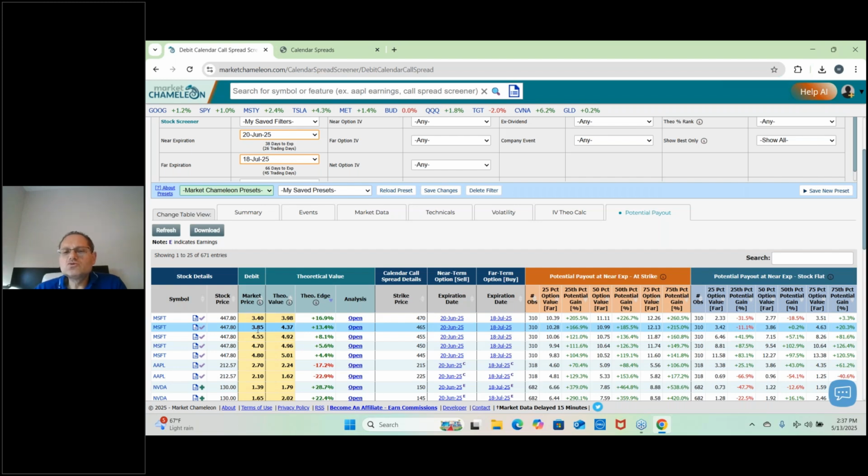So to draw a couple scenarios, we look at this. If the stock price is at the strike, like our best case scenario, where the stock just floats to where the strike price is, then that first option expires worthless. We have this second option. We don't know what it will be, so we have to estimate it, and to do that we have to plug in an implied volatility.